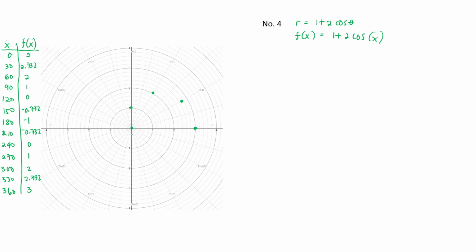Then going back, we have negative 0.7. If this is 150 degrees, let's say 0.7 is on this portion here.